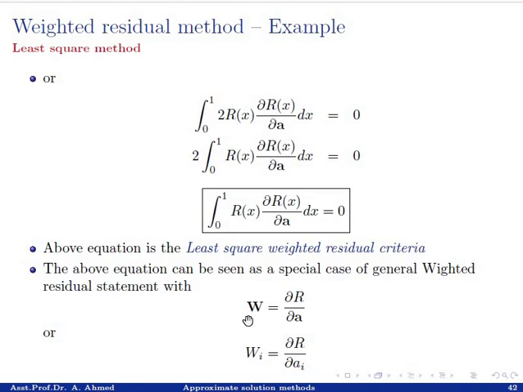Let's calculate the weight function, that is partial r over partial a, or in the initial notation, wi is equal to partial r over partial ai. Since there is only one unknown coefficient a2, there will be only one weighting function w2.